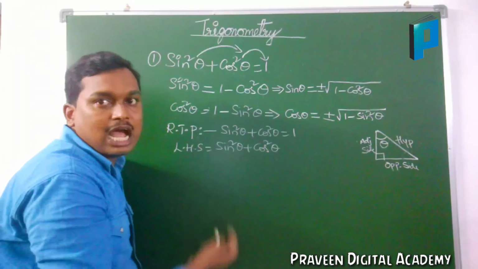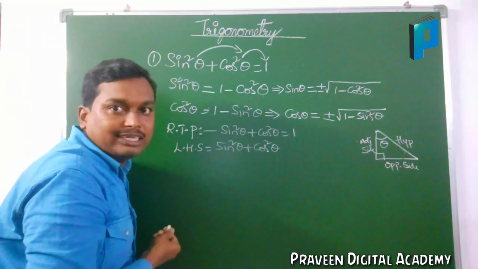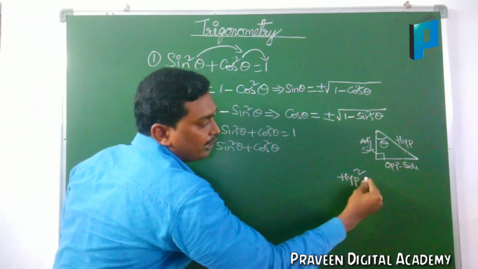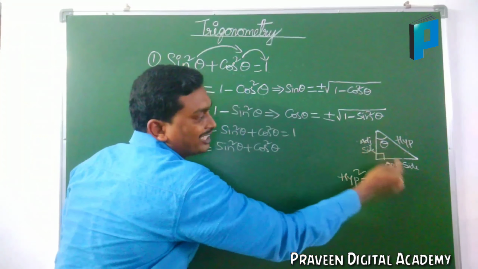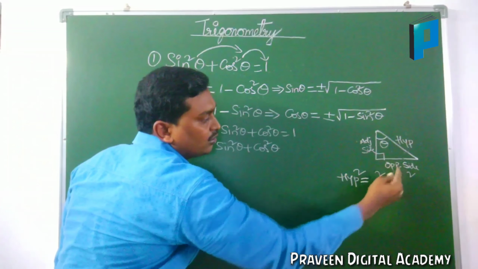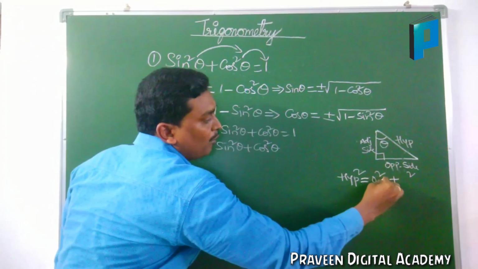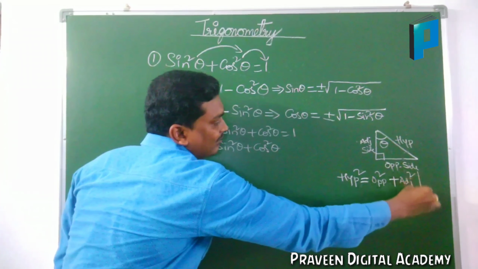Hypotenuse is always hypotenuse. From the Pythagoras theorem, the square of the hypotenuse is equal to the sum of the squares of the other two sides, that is, opposite side square plus adjacent side square.